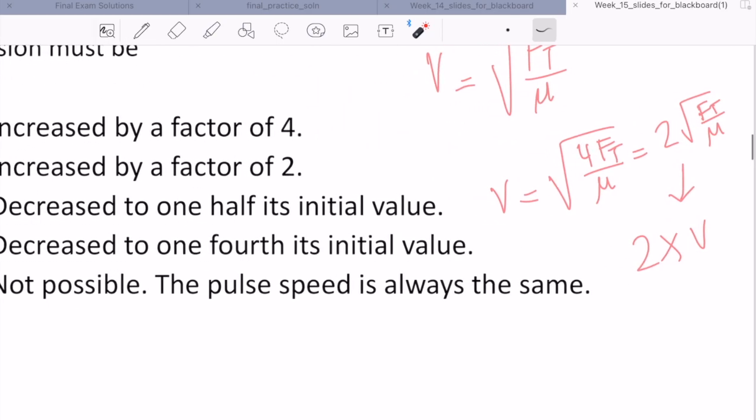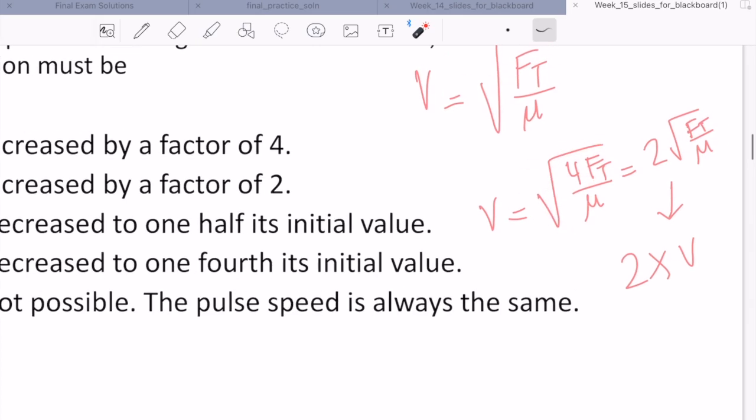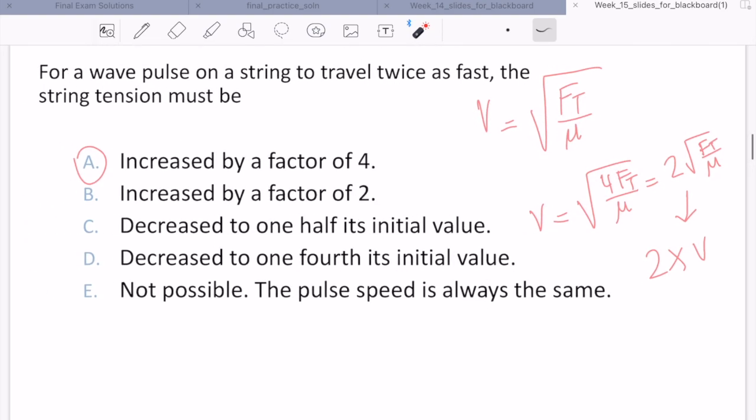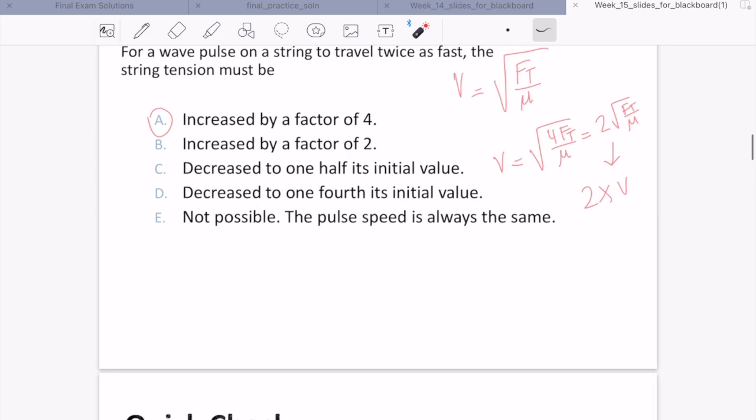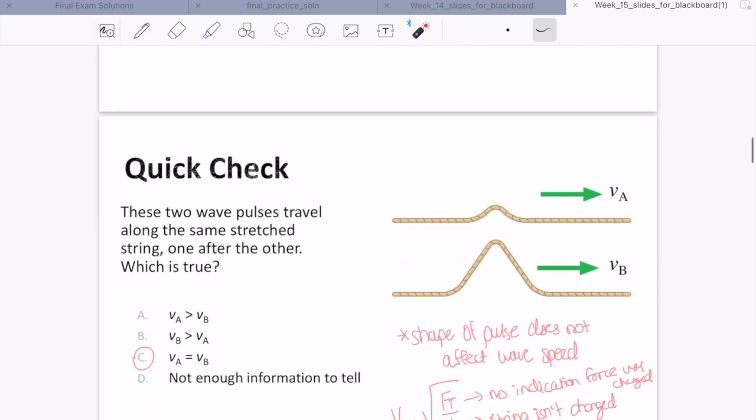So 4 times force of tension divided by linear density, take the square root of that, the square root of 4 is 2, and so you're left with 2 on the outside. Make sense? So the tension would be increased by a factor of 4 in order to have twice the speed.